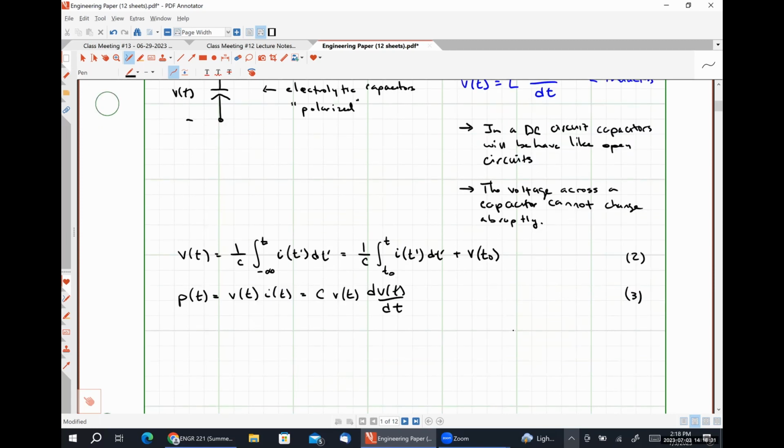So much like we were able to do with inductors, where we expressed the power purely in terms of the current, for capacitors we can express the power purely in terms of the voltage. And our energy relationship, W, is going to be 1/2 C V squared, as opposed to 1/2 L i squared for inductors, right?